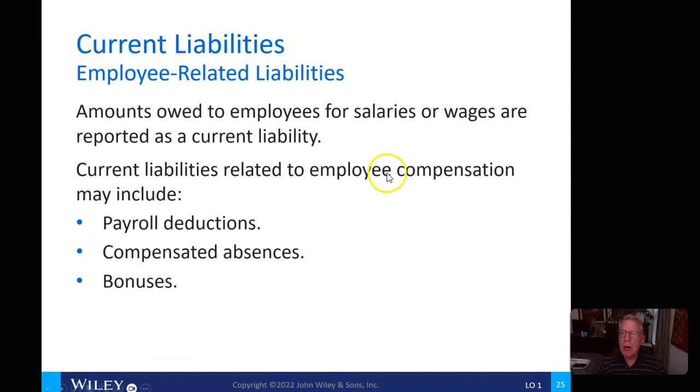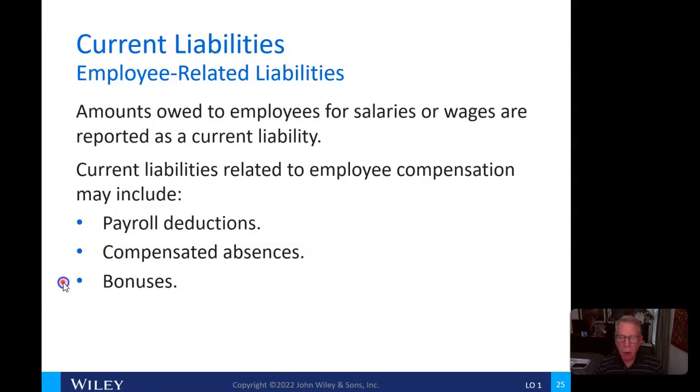All right, employee-related liabilities. Here, we owe amounts to employees routinely for salaries or wages, and we report that as a current liability. Those are related to employee compensation and include such things as payroll deductions, compensated absences such as paid time off, vacations, sick leave, and the like.